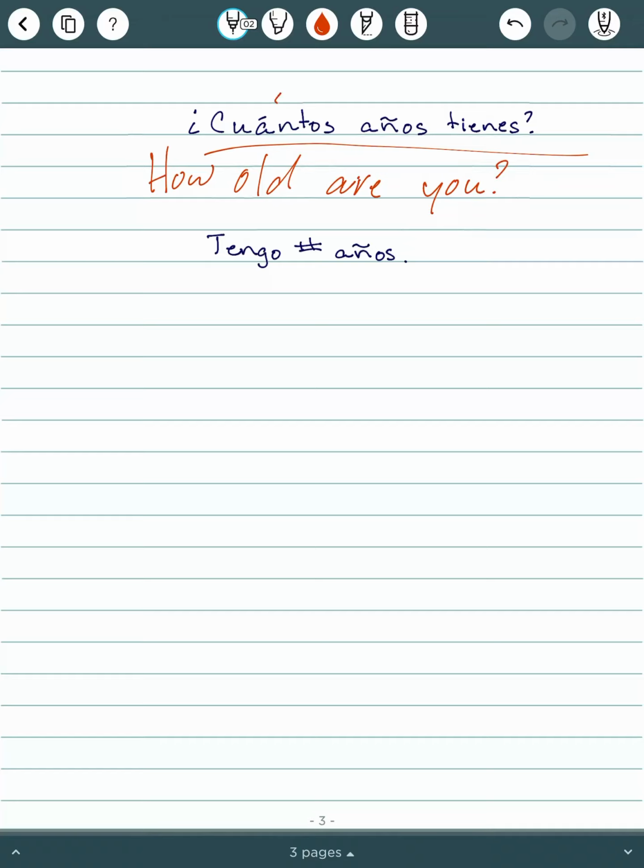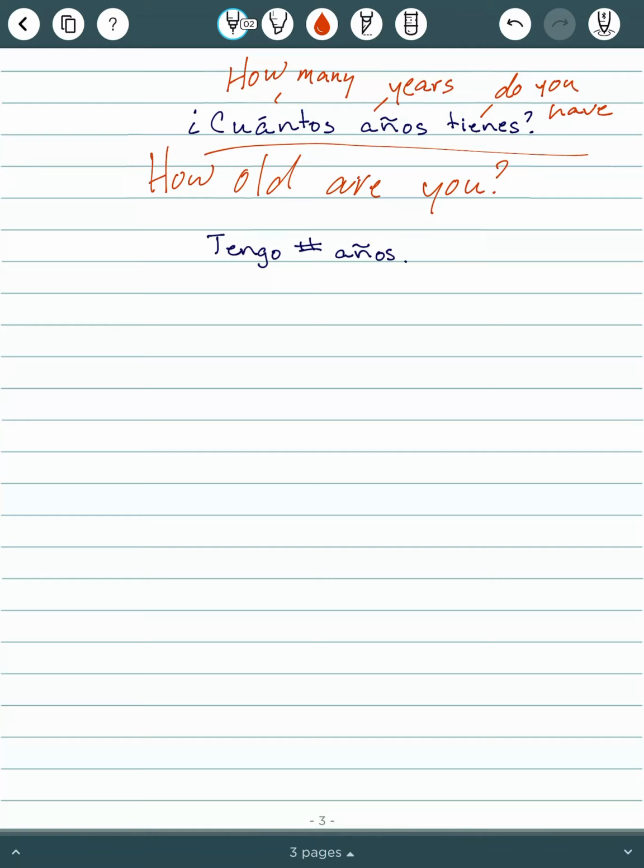Now literally, ¿cuántos? means how many? Años is years. And tienes is do you have. So how many years do you have? And this is just something that Latin-based languages do when we're asking about how old somebody is. We always ask how many years they have.